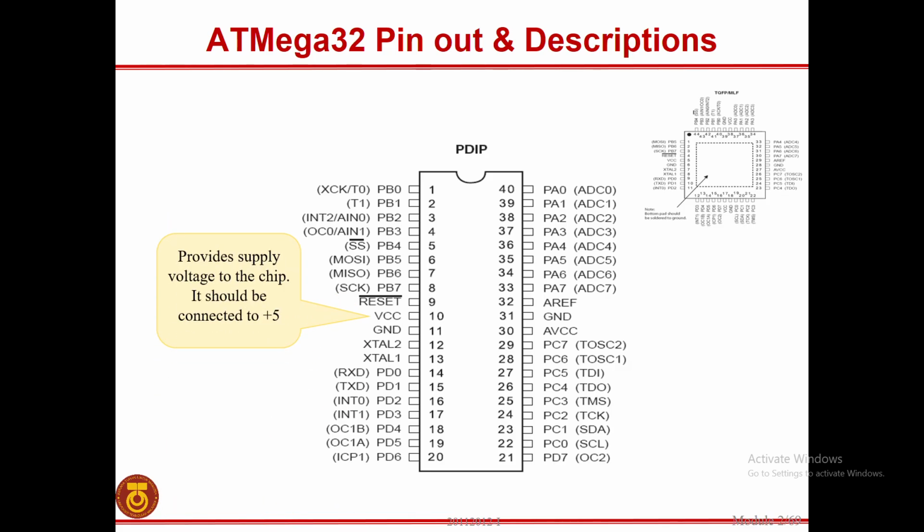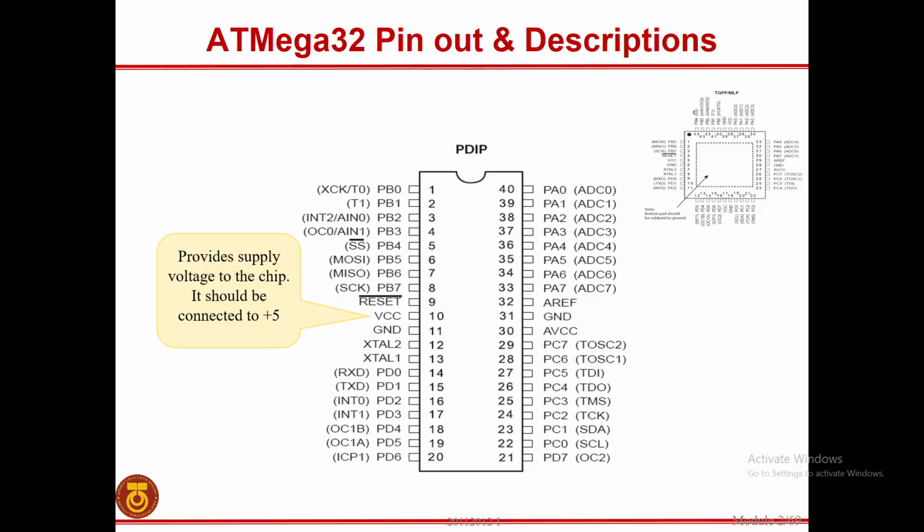And VCC provides supply voltage to the chip, and it should be connected to 5 volts mostly. It doesn't support the whole electrical voltage coming from the electrical outlet, which is not more than 5 volts.